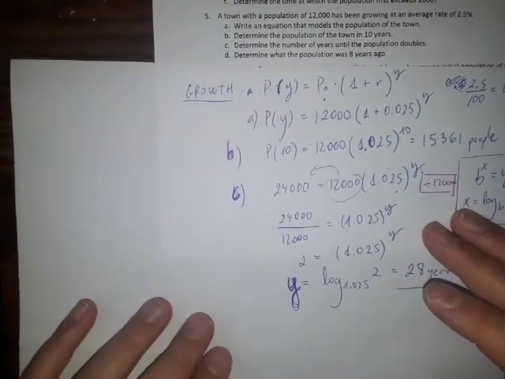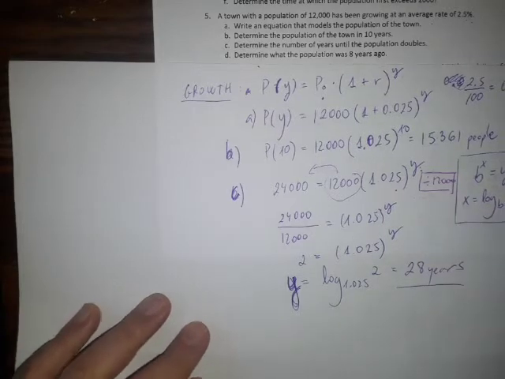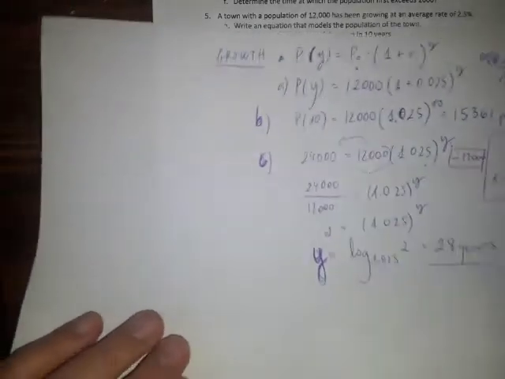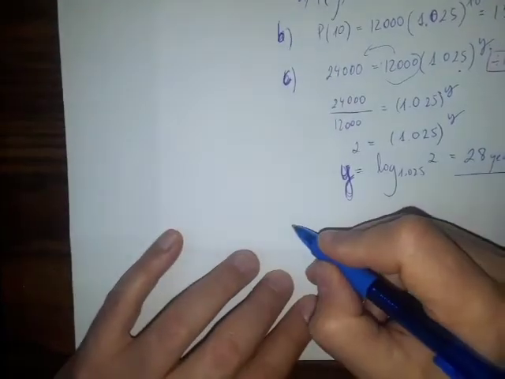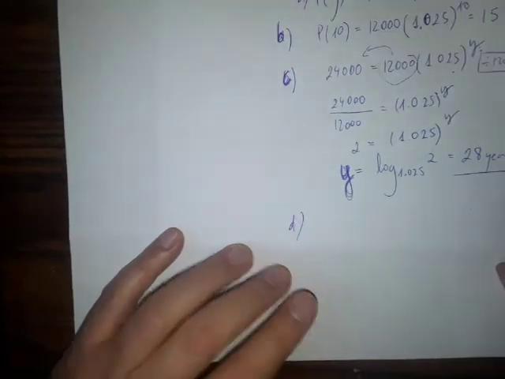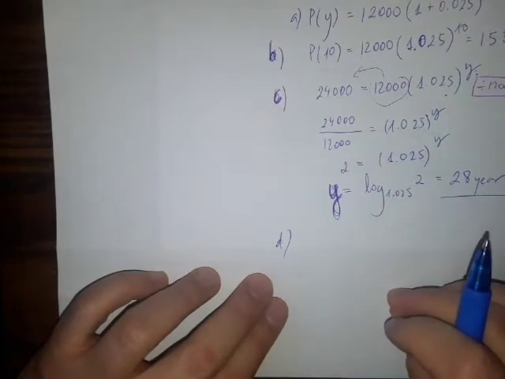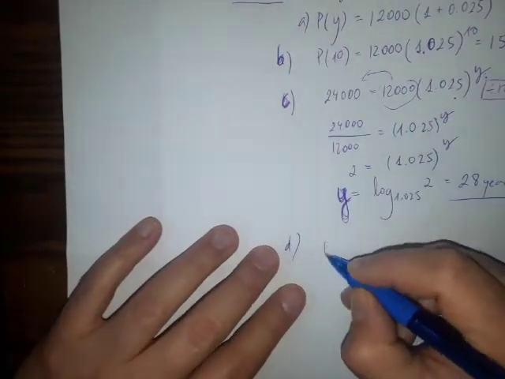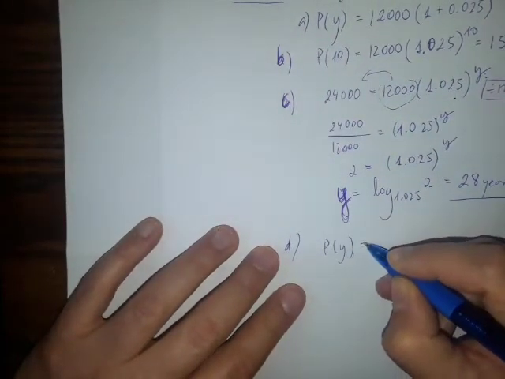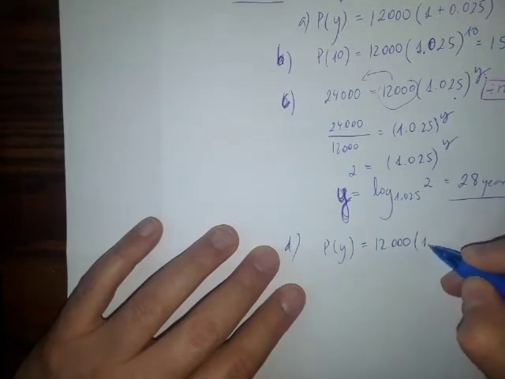D, determine what was the population 8 years ago. Nice. So let's think about it. If right now it's 12,000, right? So how are we gonna get 12,000 if we rewrite the function?